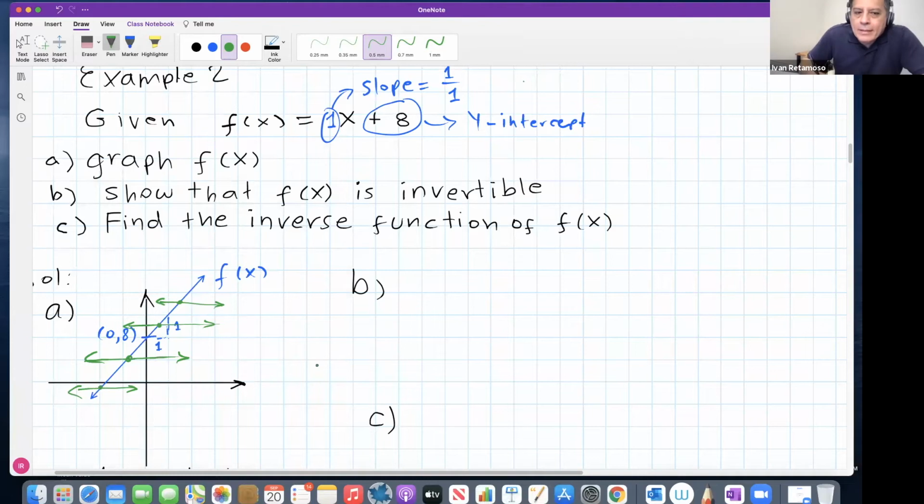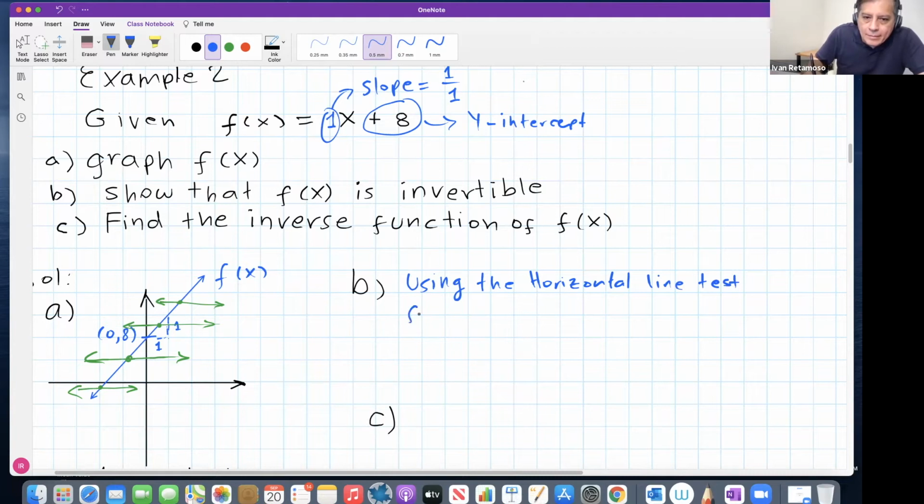So right here, using the horizontal line test, f of x passes the horizontal line test. Try to recall this for your homework, guys.